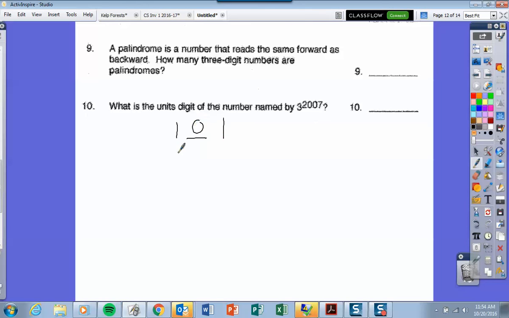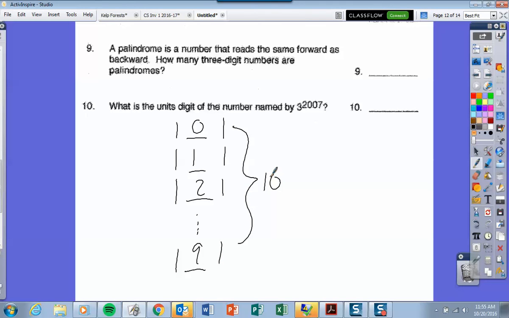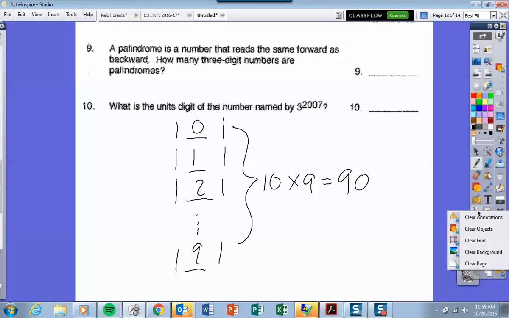Now, this could be 101, 111, 121, and so forth, down to 191. If I do that, I'm going to get 10 of these numbers. I know that I have 100, 200, and so forth, up to 900. So there are 9 of those, and I can do that 9 times. So I get 90 numbers that satisfy that.